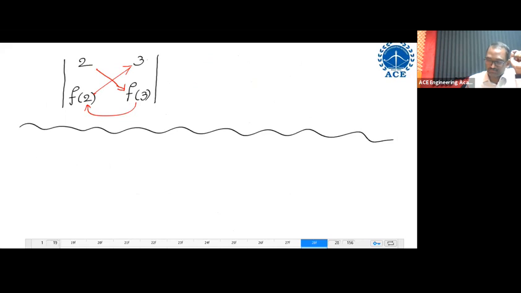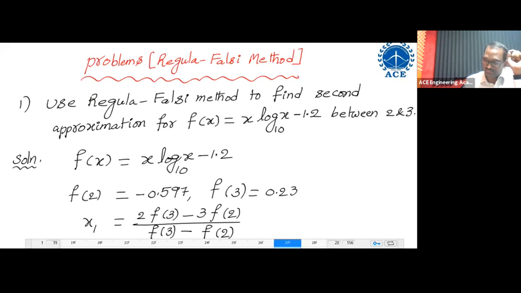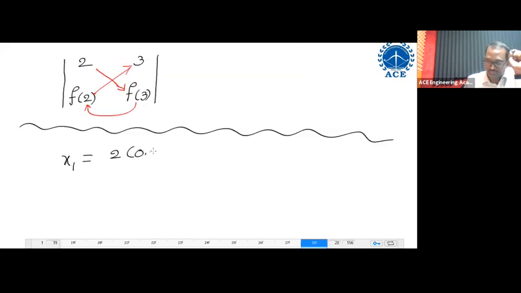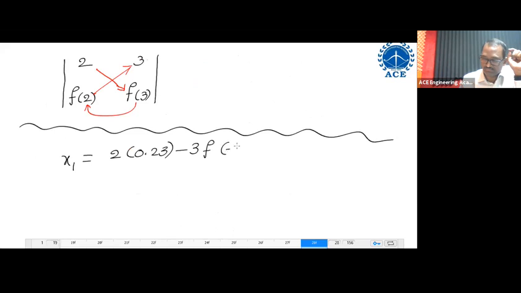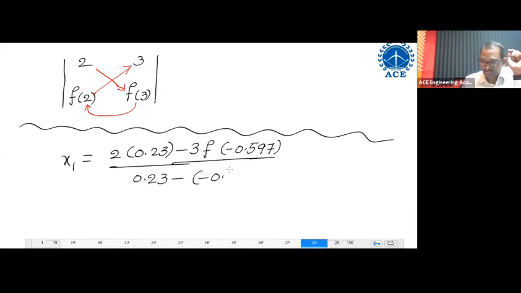Continuation I will write here. So x1 is equal to 2 into f of 3, 0.23, minus 3 into f of 2, minus 0.597, by f of 3, 0.23, minus, 0.597.